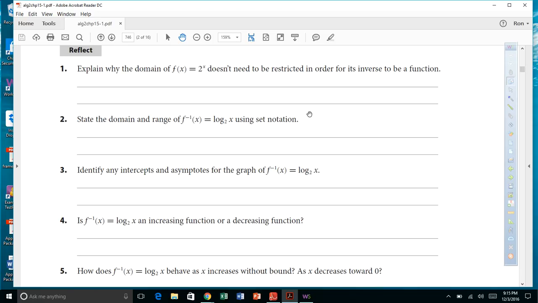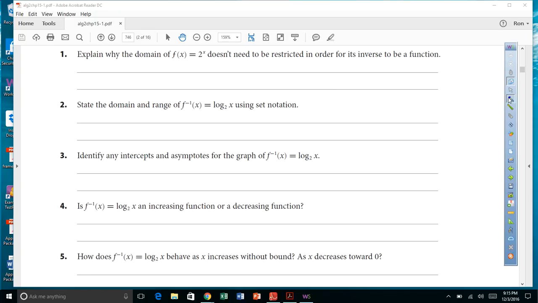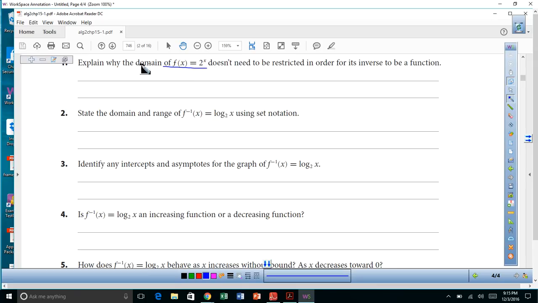The exponential function f of x equals 2 to the x is a one-to-one function, so its inverse is also a function.